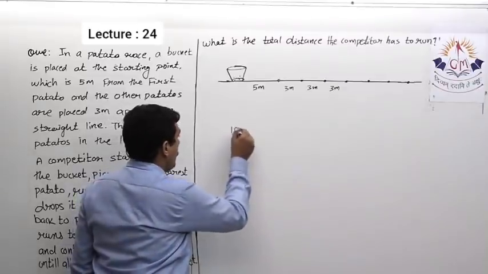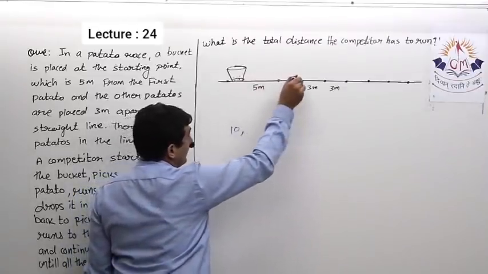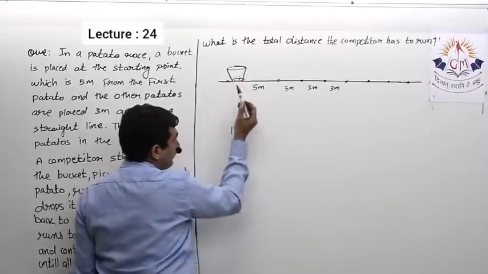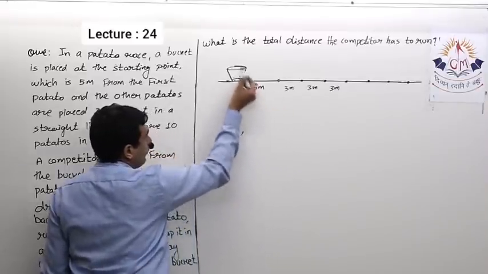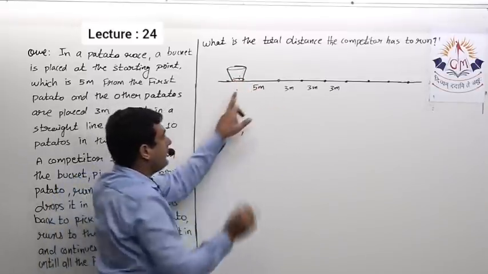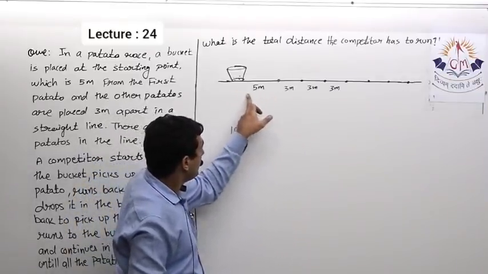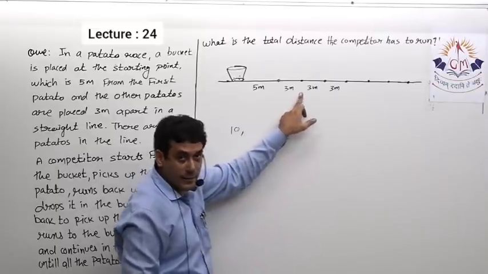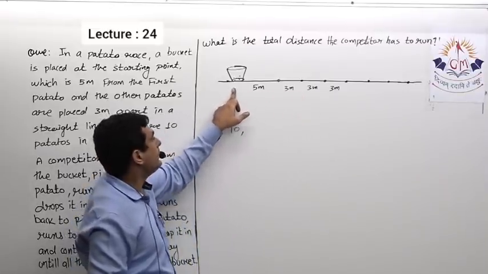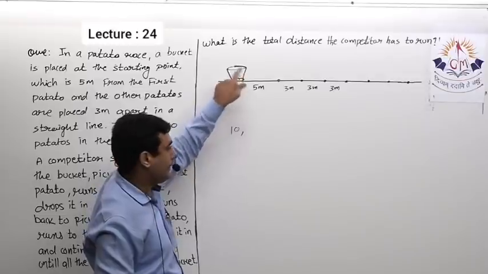Okay, then for taking the second potato, see, he took the potato from here, came back to this, dropped it in this. So now the competitor is over here. Now to fetch the second potato, he has to travel 5 plus 3, 8, and then again come back 8 meters to drop the potato in the bucket.